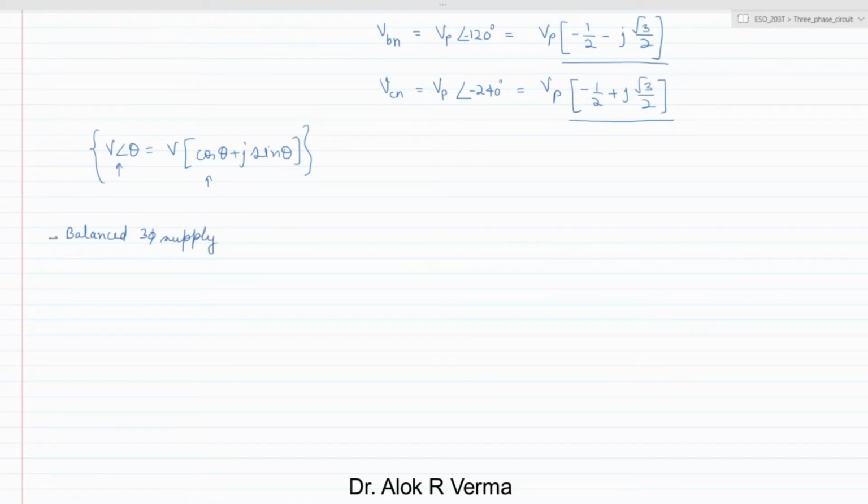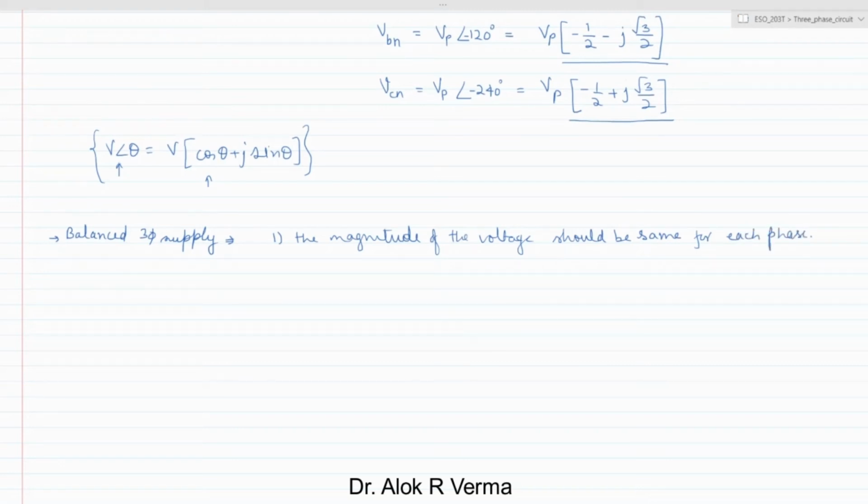When we talk about a balanced three-phase supply, it has to meet two conditions. The first condition is that the magnitude of the voltage should be the same for each phase.